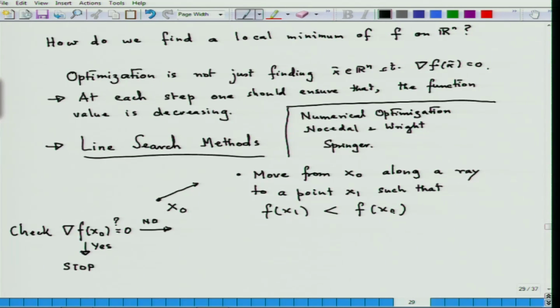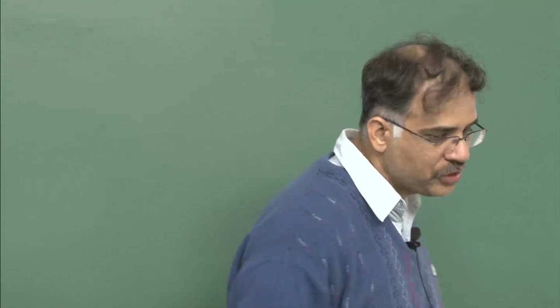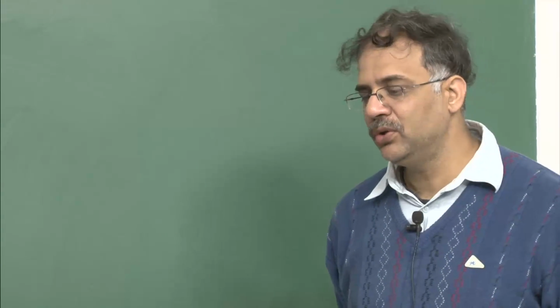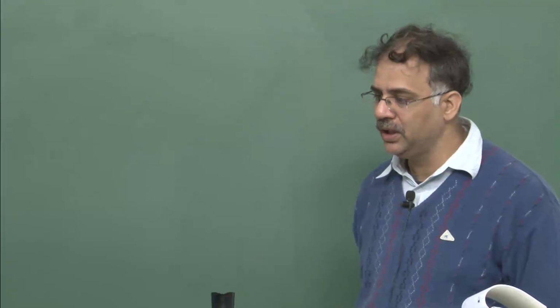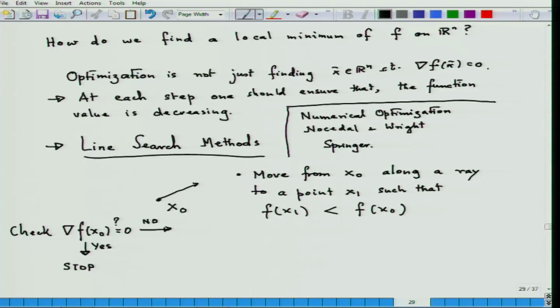That is the strategy of the line search. Now, the first thing to know is in which direction I should move. I am telling you to move along a ray in a certain direction. So, in which direction do I have to move?